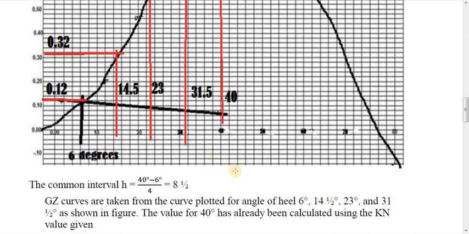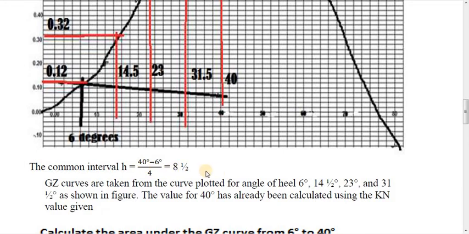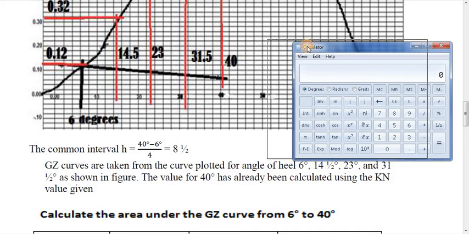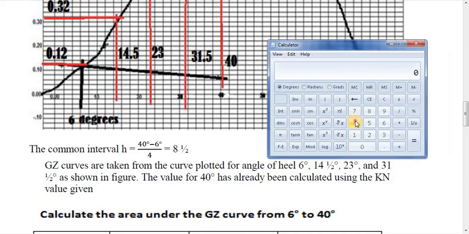So we subtract 40 degrees minus 6 degrees angle of heel, and that will be 34 degrees.